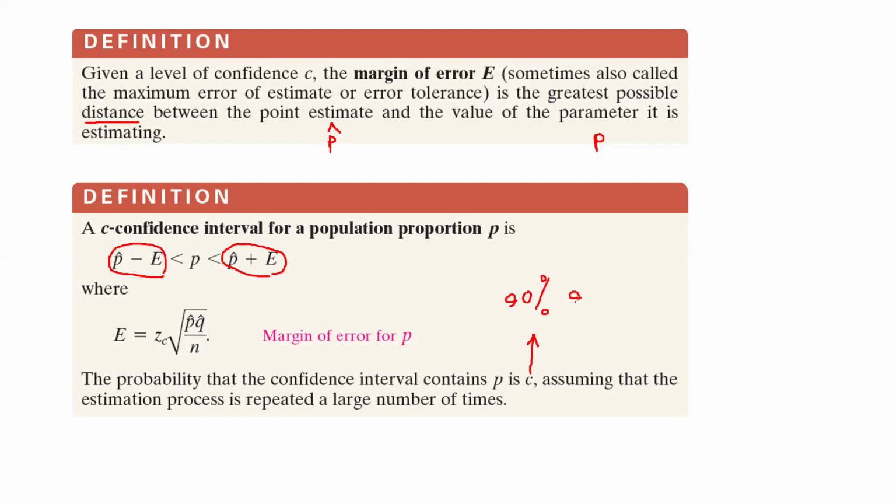So these percentages depend on the question that is given to you. You need to look for the percent. If it's not given to you, it is by default 95%.